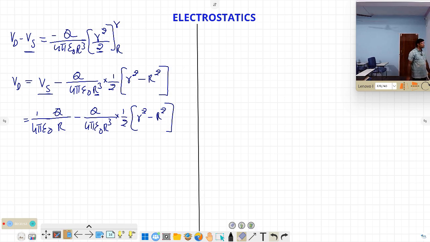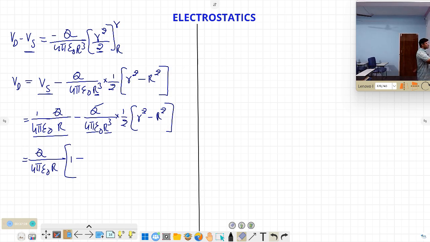Now if you observe this, 1 by 4 pi epsilon naught q by R is here, and here also 1 by 4 pi epsilon naught q by R, so I can take it common. That becomes q by 4 pi epsilon naught capital R, and this equation I can write as 1 minus. Here q over 4 pi epsilon naught, in place of r cube, one R we take outside, and the remaining has 1 by 2 R square inside.